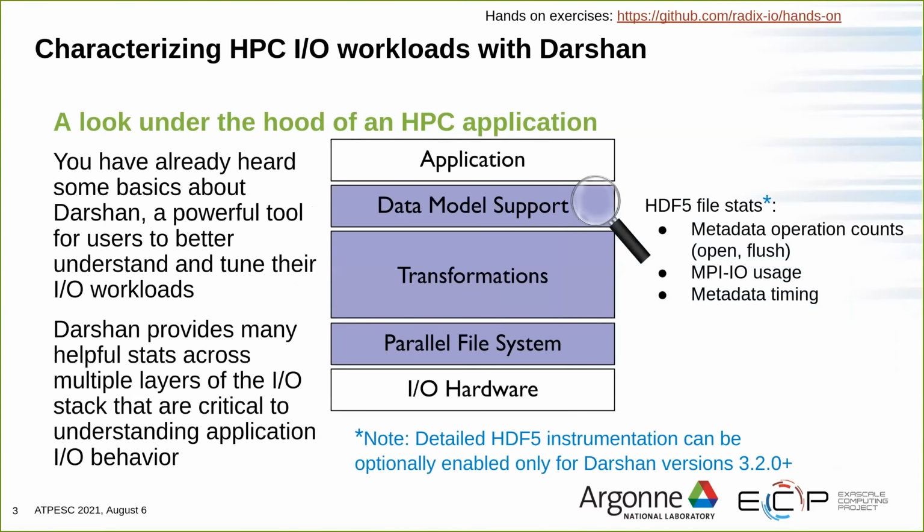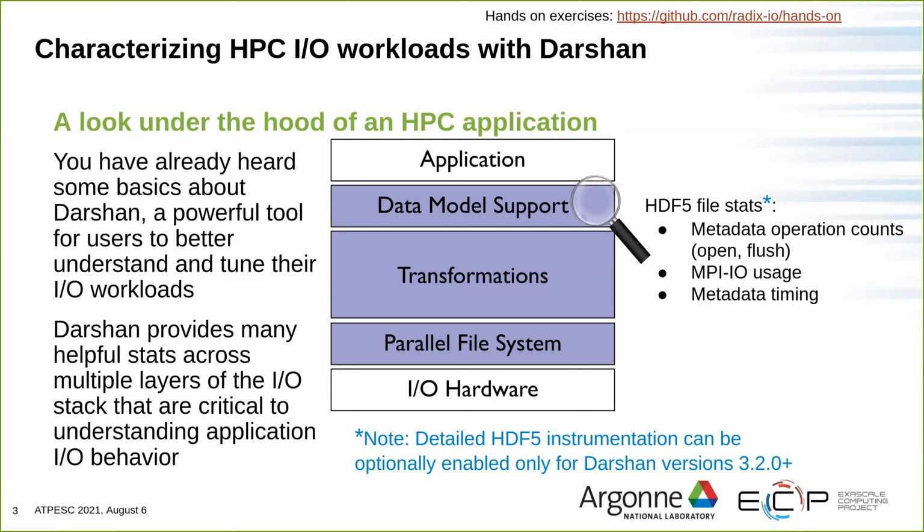We've already heard about Darshan a good bit, but just a quick recap. It's a powerful IO characterization tool that can help users better understand and tune their workloads. Darshan can provide a lot of helpful stats across all these different layers of the IO stack, which are really critical to helping understand application behavior.